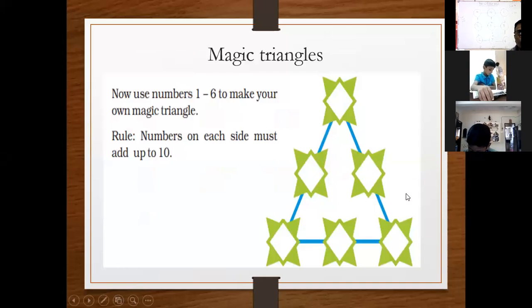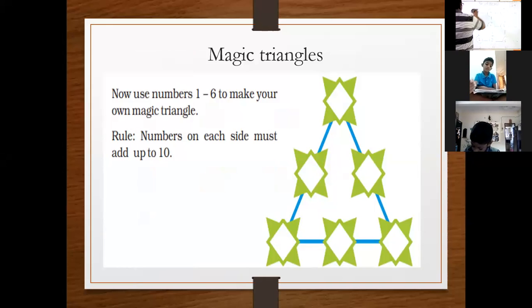Completed. Look at this. Magic triangles. Use numbers 1 to 6. Total should be 10. Next question. Try this.